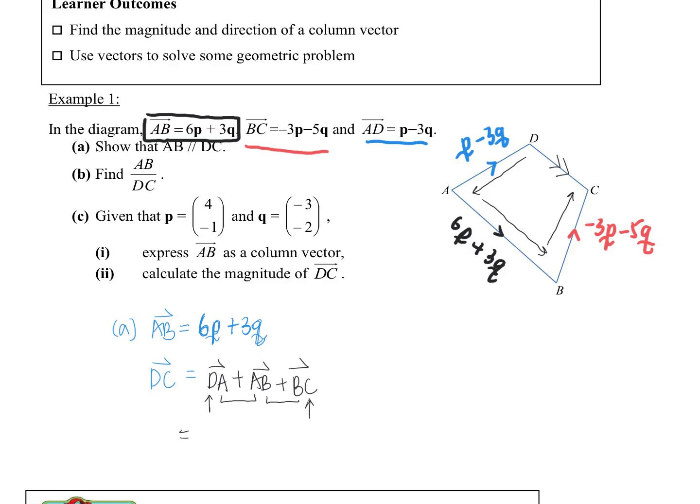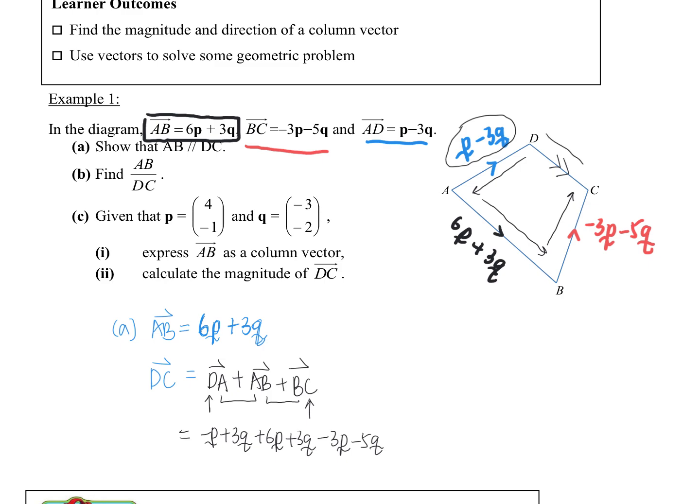So I add the vectors up. DA is the opposite direction, so instead of P it is minus P, instead of minus 3Q it becomes plus 3Q. Reverse the sign first. Then AB is the same direction, so I just copy. Then BC is the same direction, so I also just copy.